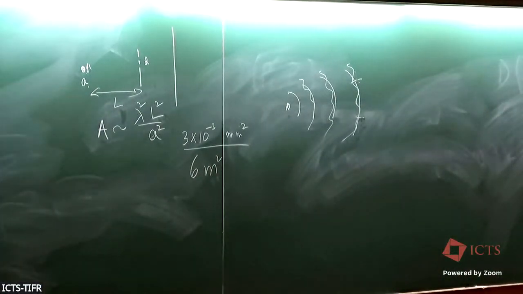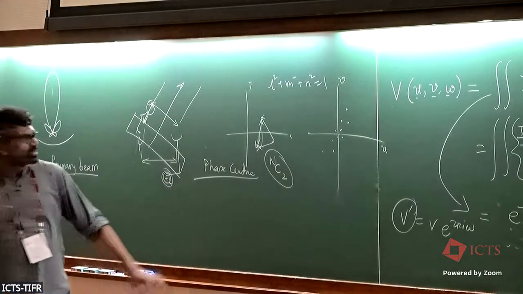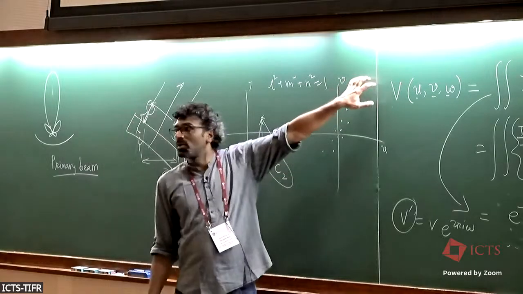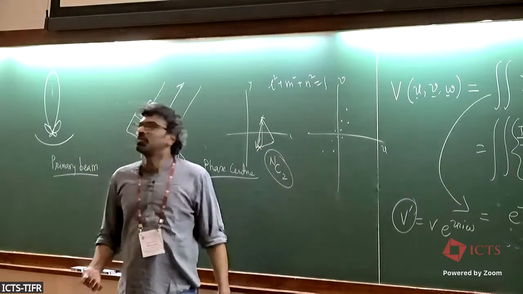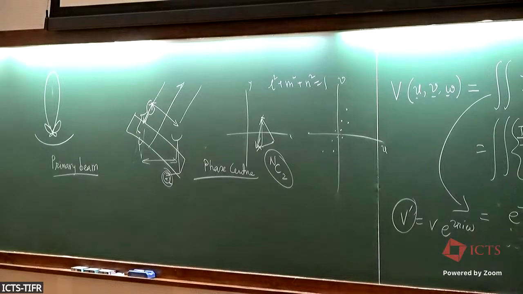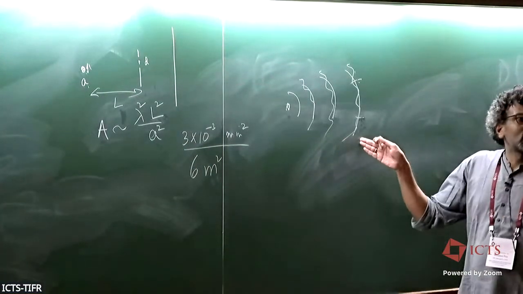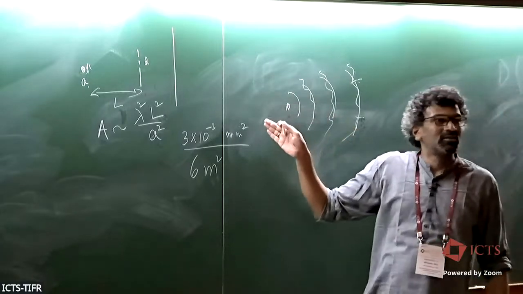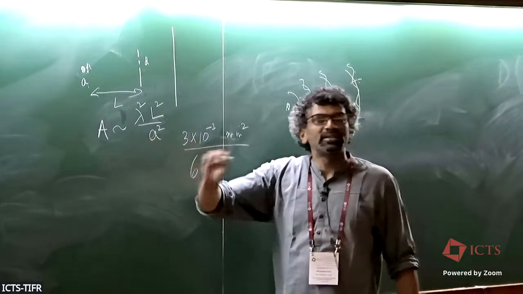If I get an array where all my antennas are close to each other, you will not even know whether you are looking at a point source or an extended galaxy. But you go to longer and longer separations, longer and longer baselines, you start picking up information about the structure of the source. Whatever is the loss or build up of spatial coherence because of the structure, this is the governing principle. Is this clear? Is there any question from here?